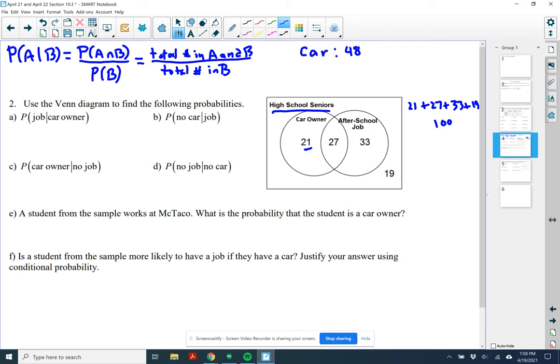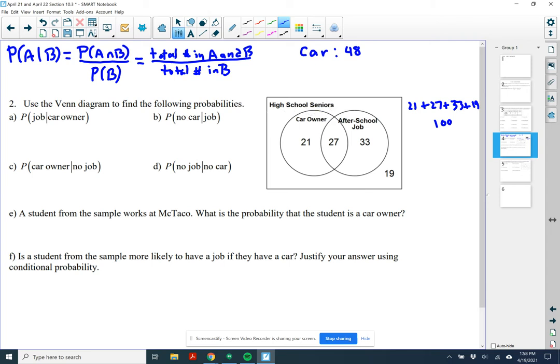This 21 could actually be 21% of my high school seniors own cars. And it really doesn't matter whether we look at those as percents or being totals. Our answers will come out the same because either one of those can be used to calculate the probability of A given B. So we've got 100 altogether, whether it's a percent or number of seniors, it doesn't matter.